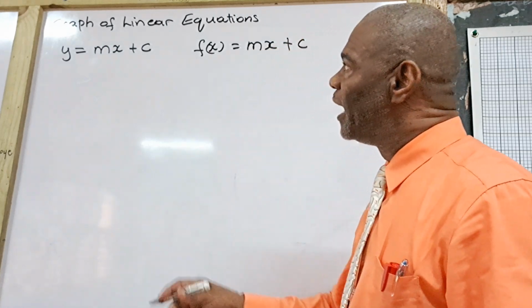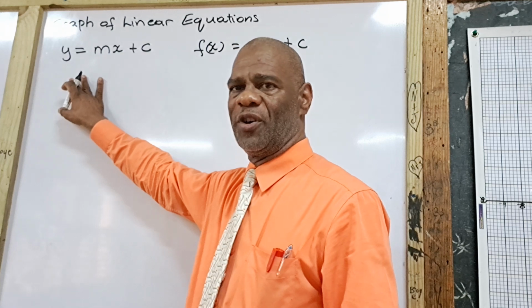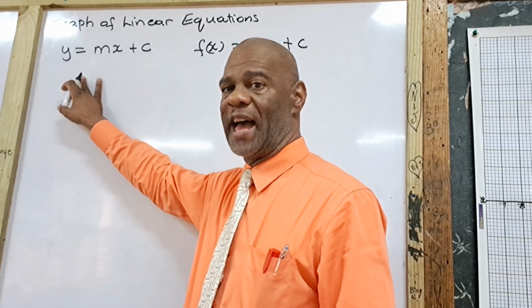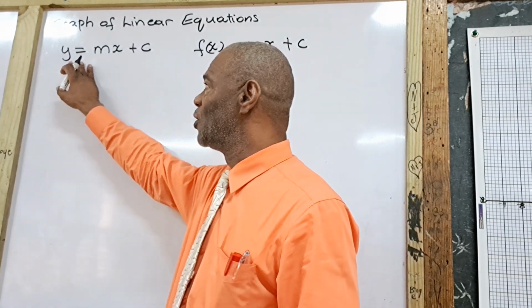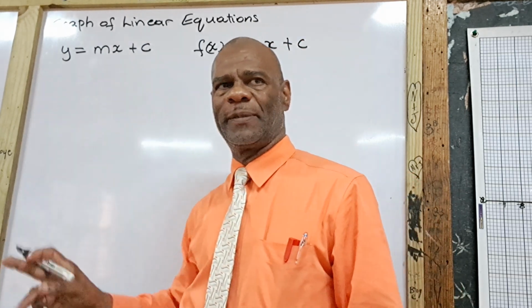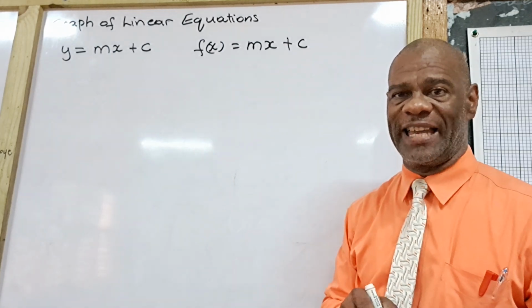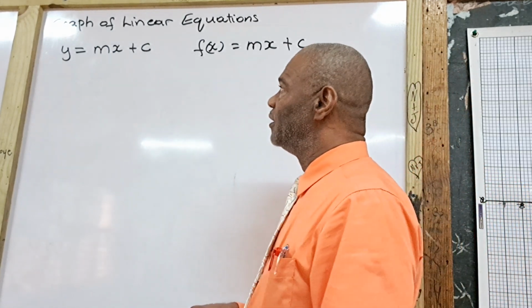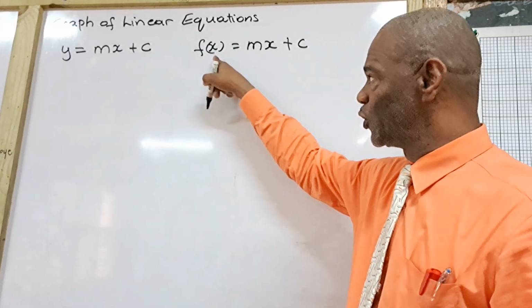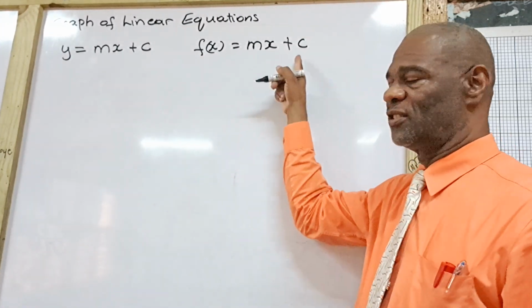Now, this here is a general formula for the equation of a line: y equals mx plus c. That's a general formula for the equation of a line. We can also represent it as f of x equals mx plus c.